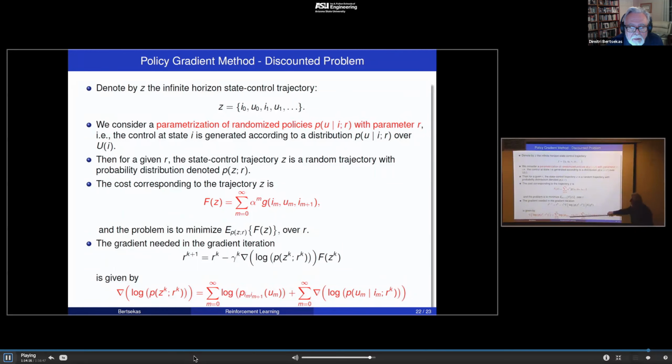As I go, calculate these quantities here, add them up, and that gives you the sample gradient. This is the cost sample, and put them together, and it becomes actually very simple. It's very simple to program. Once you have a parameterization of the randomized controls, then typically its parameterization admits an easy gradient calculation, and it all works out just fine.